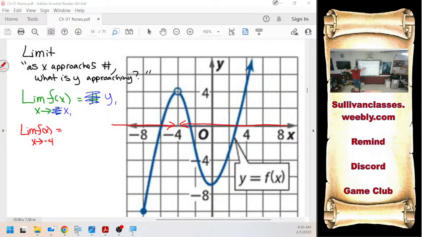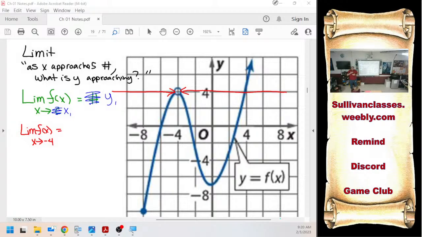So as I come in at -4, where is my y going? There. Okay, as I come at it from both sides, it's approaching 4.